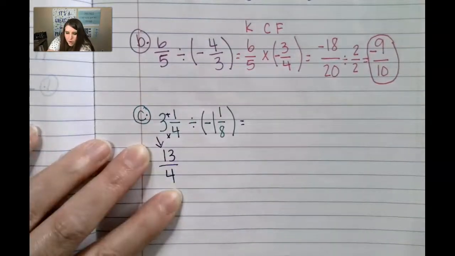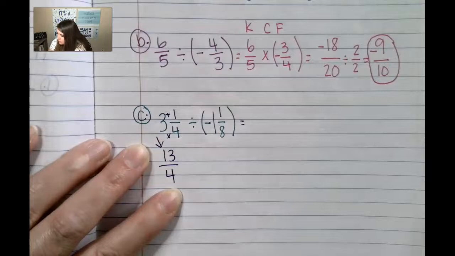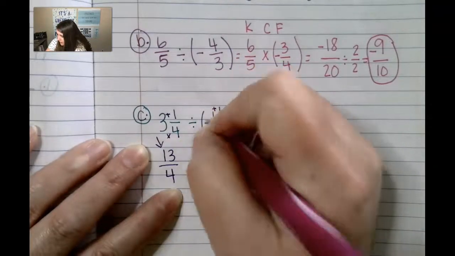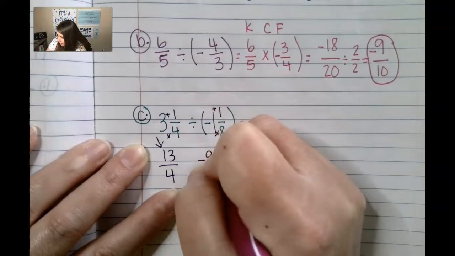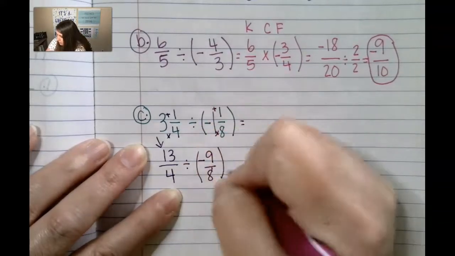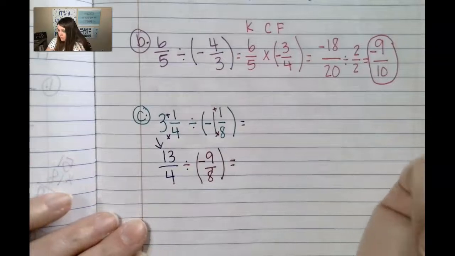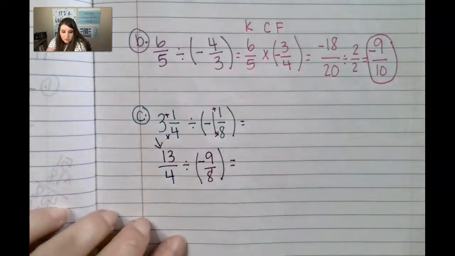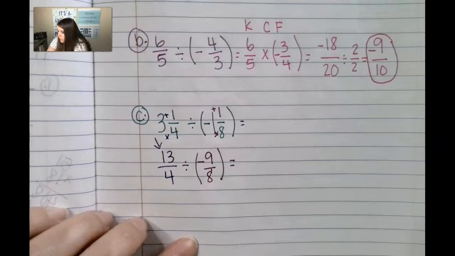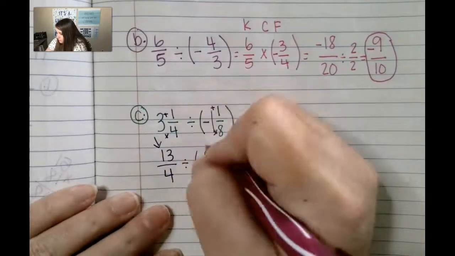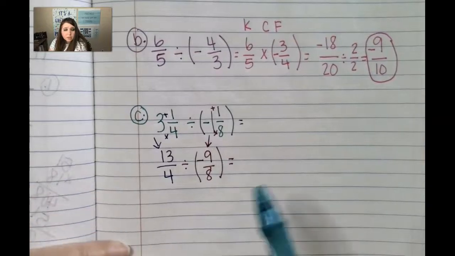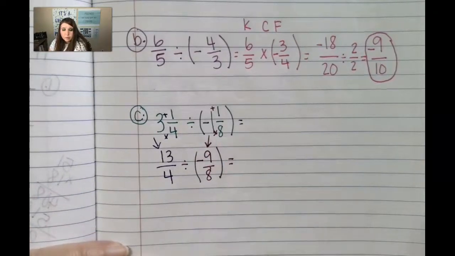And our next problem that we're looking at, multiply here, add here. So 8 and 1 is 9, so we have -9/8. We're dividing that. Now we're ready for keep, change, and flip. So now we're ready to take our numbers that we've put into improper fractions, and we are ready to keep, change, flip.